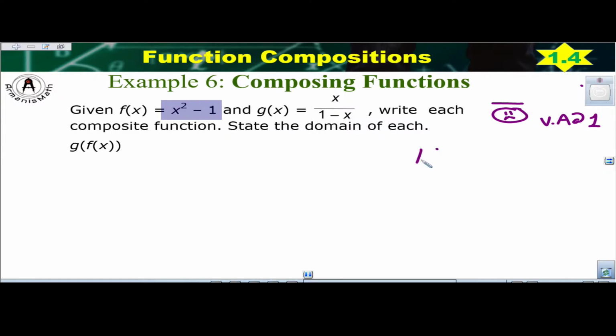How about horizontal asymptote? Does anybody know? How would you get this? So vertical, I know whatever makes the denominator 0, and in this case it's going to be at 1. There's a dot like this. But what about horizontal asymptote?